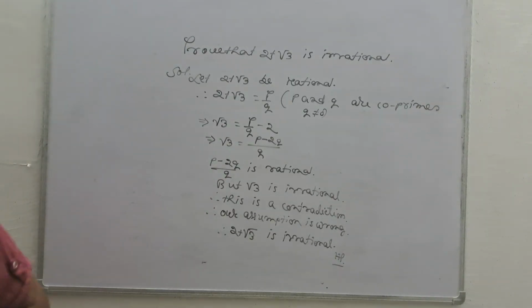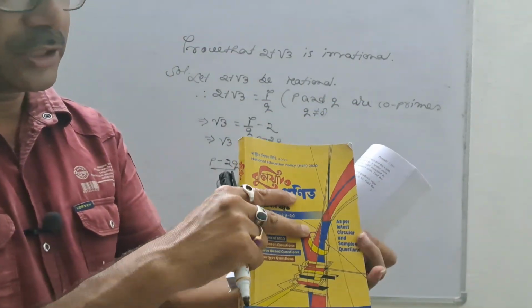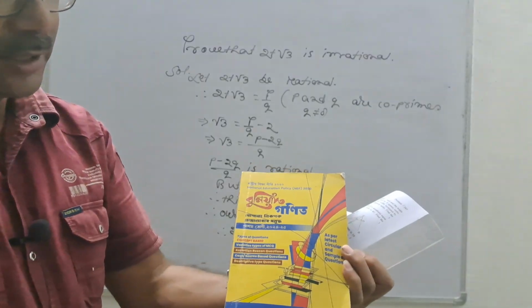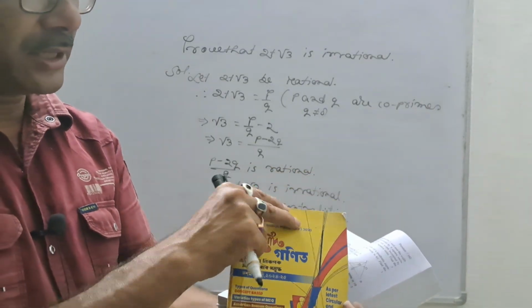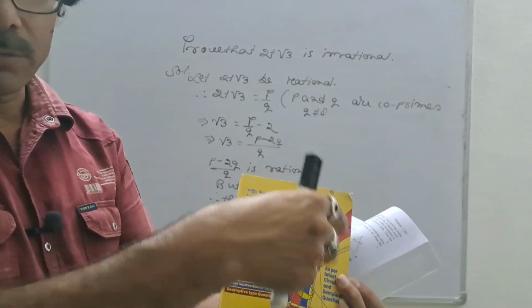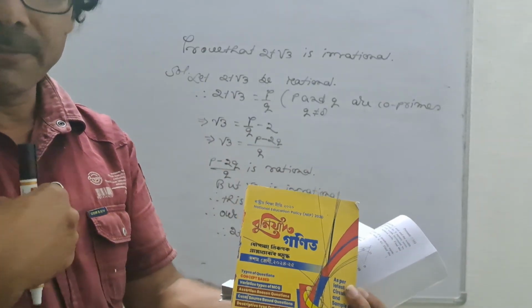And this is another book, Bunyad Ganit. This has also been written by Shiksha Kendra Samiti. I am also a member of this committee, and the entire descriptive part of this book has been written by me.